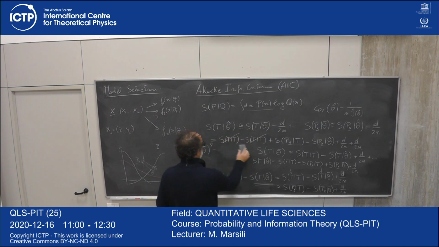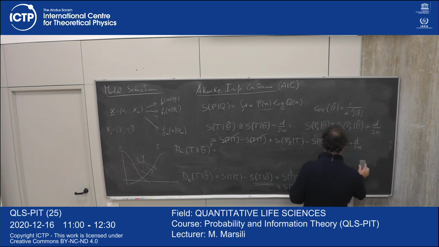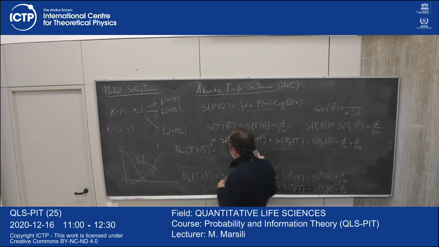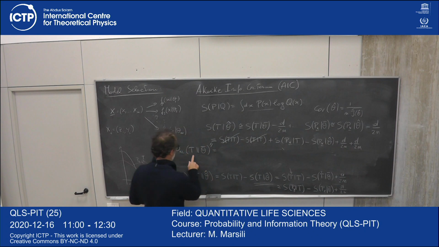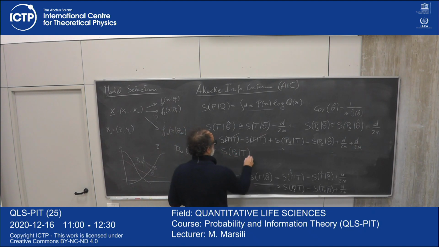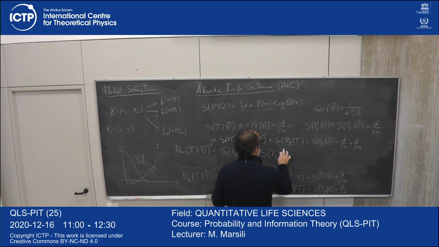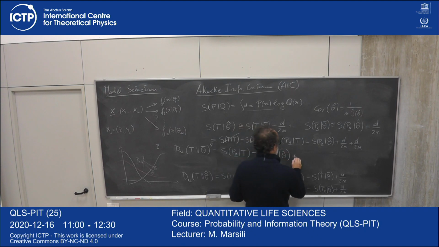So in the end, your estimate of the distance between the true distribution and the best parameter of your model is given by S of px and t minus S of px and theta hat plus d over n.